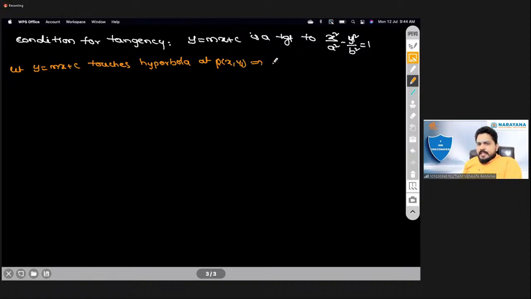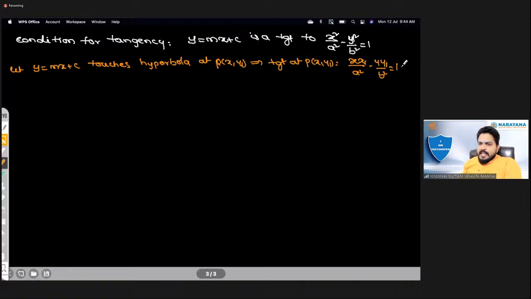So that means the tangent at P(x1, y1), as per the theorem, what will we be getting? x x1 by a square minus y y1 by b square is equal to 1. So this equation and the given equation, what is our given equation?